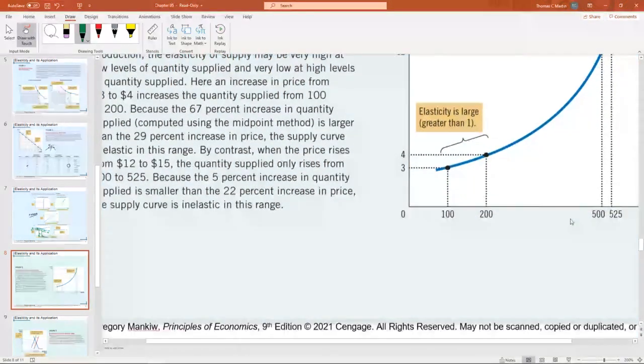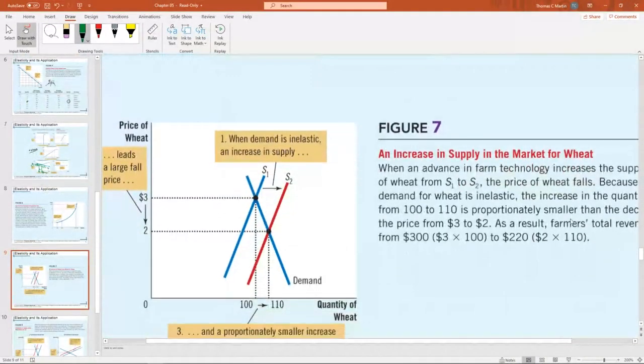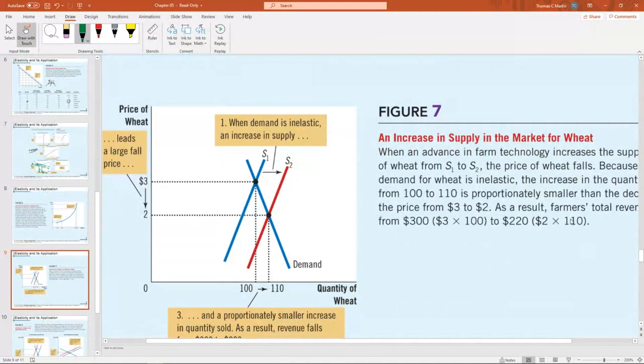The next one they're going to show us is moving for wheat. It's just the demand for wheat is inelastic. It increases the quantity from 100 to 110. We'll see a dramatic drop in price.